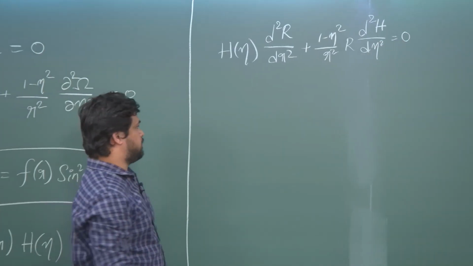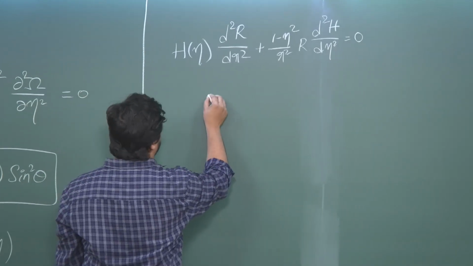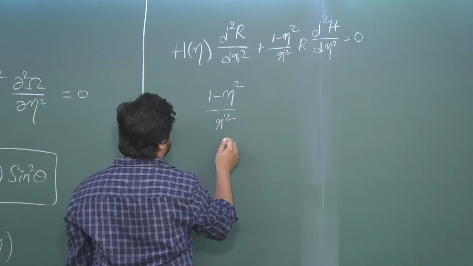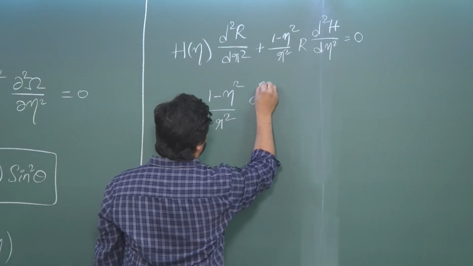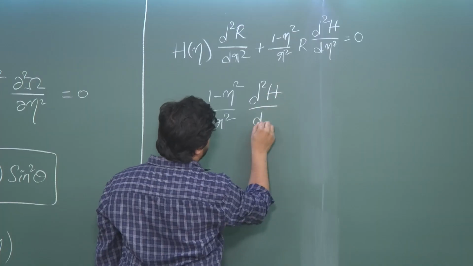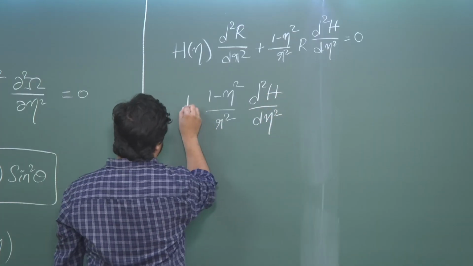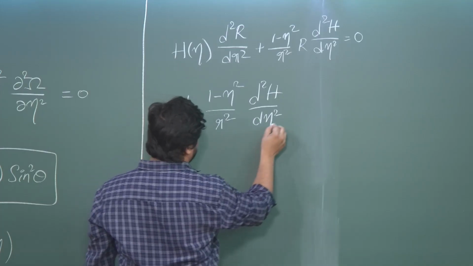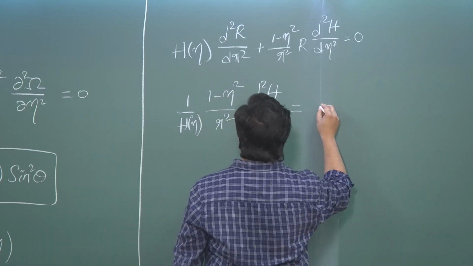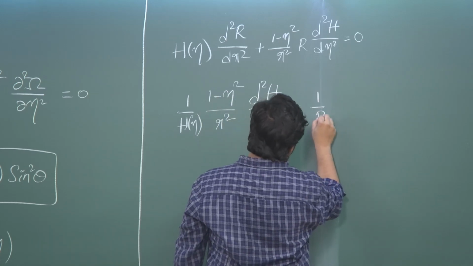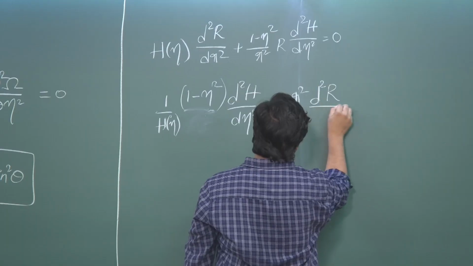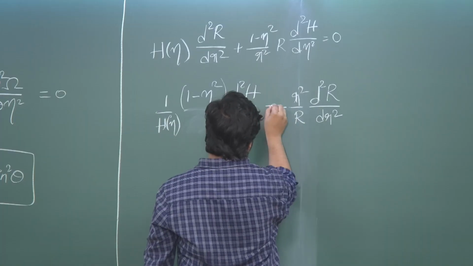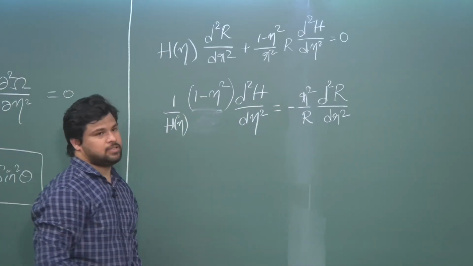If you rearrange this equation, you will end up with (1 minus eta square) by r square into d square H by d eta square into 1 by H of eta equal to 1 by R times the remaining term, so this is the form you will get.